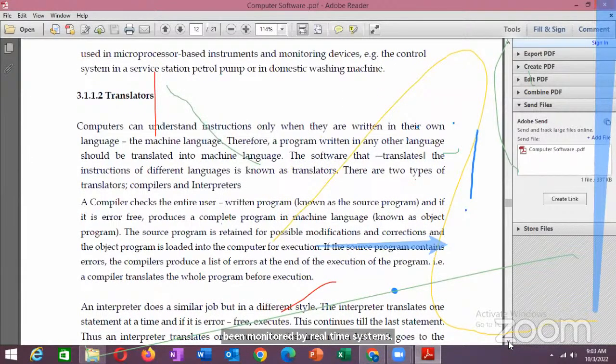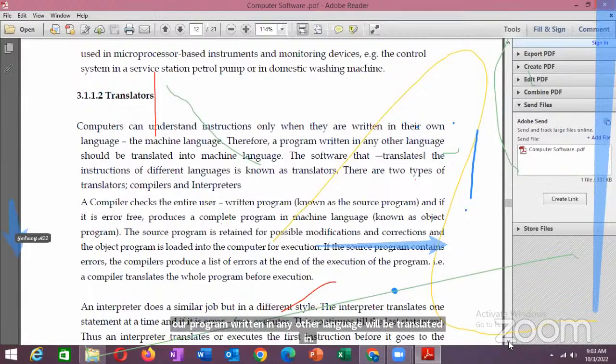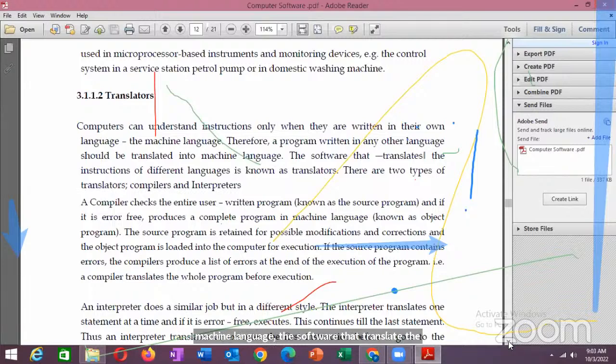Then translators. Computers can understand instructions only when they are written in their own language, the machine language. Therefore, a program written in any other language should be translated into machine language. The software that translates the instructions of different languages is known as translators. There are two types of translators, the compiler and the interpreter.